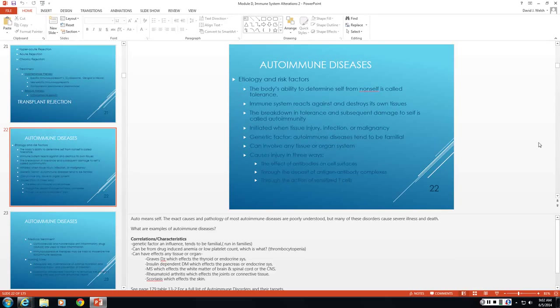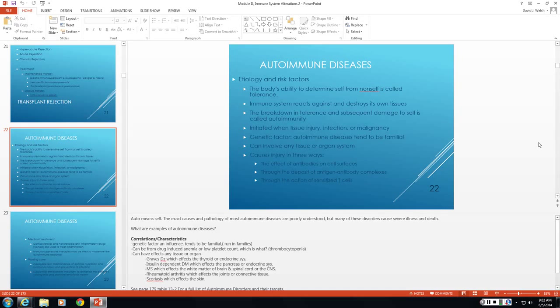Basically, it is the body's inability to determine self from non-self. It's also called tolerance. Now, your immune system reacts against and destroys its own tissues is what happens. The breakdown in tolerance and subsequent damage to self is called autoimmunity.